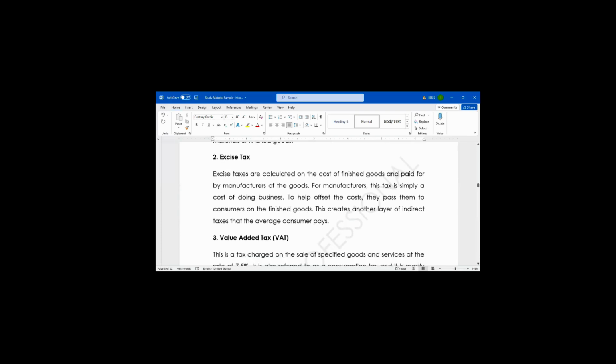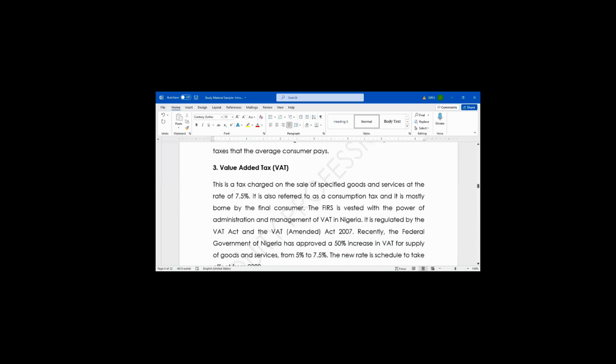Another type of indirect tax that we have, the most common one, is value added tax.